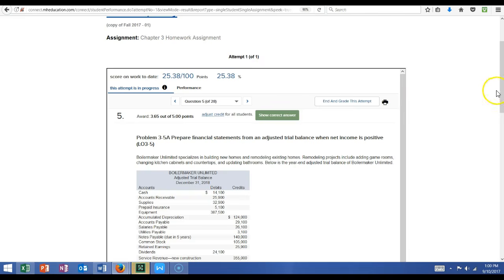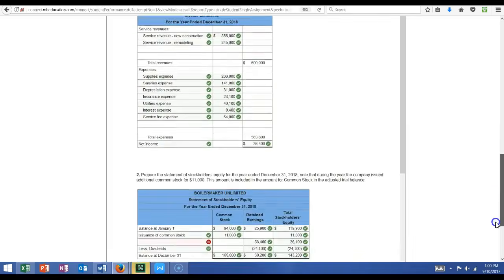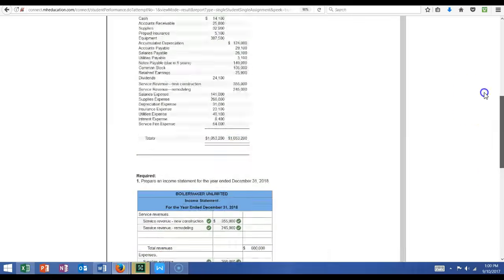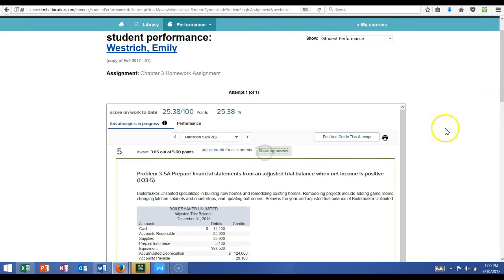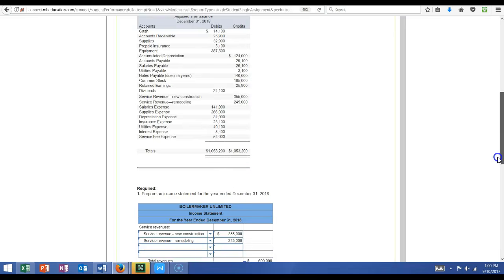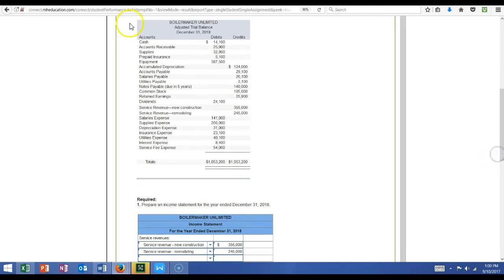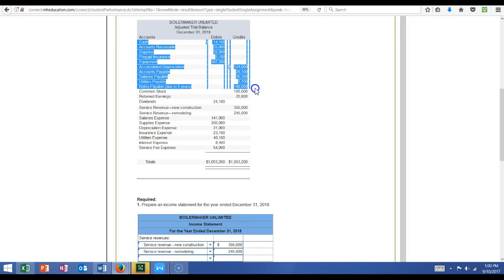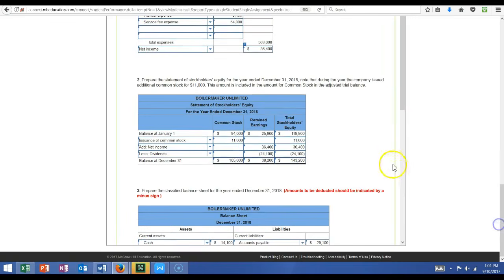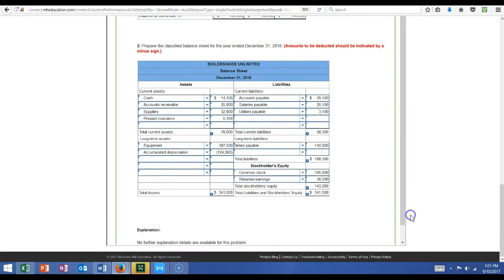So the balance sheet is merely the figures coming from the adjusted trial balance over here. Cash of $14,100, accounts receivable of $25,900, supplies of $32,900. You see how I'm getting all those here.